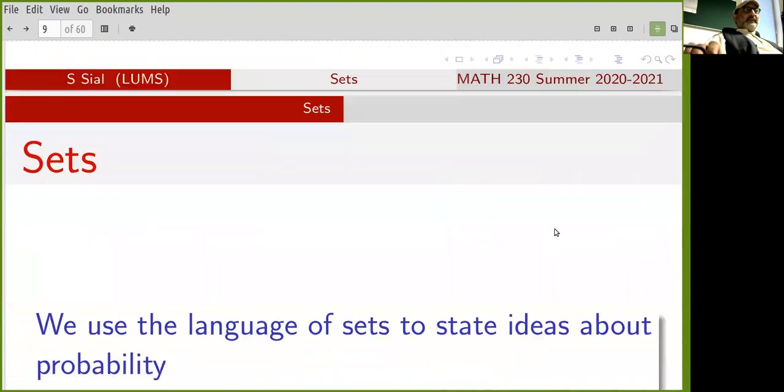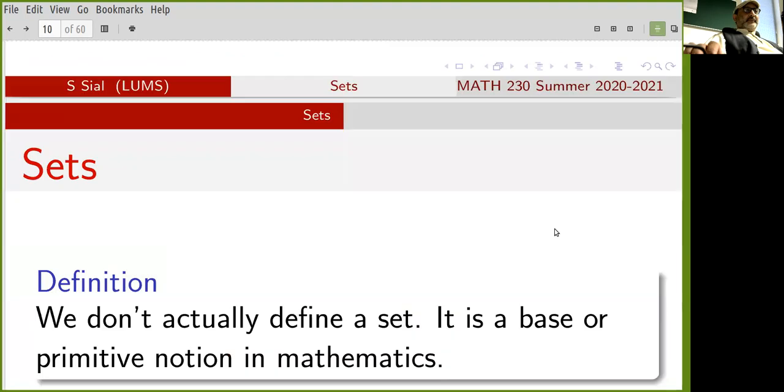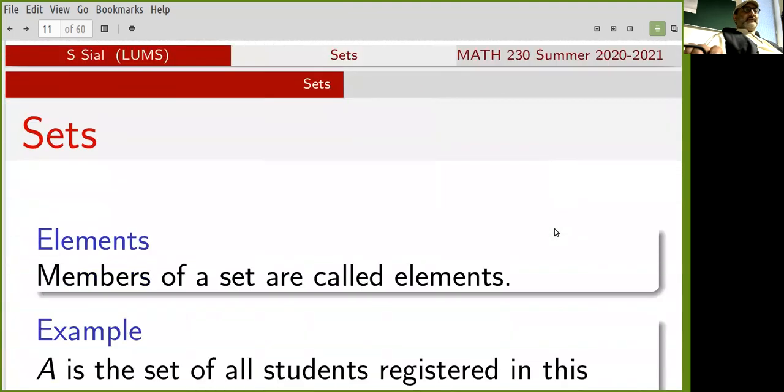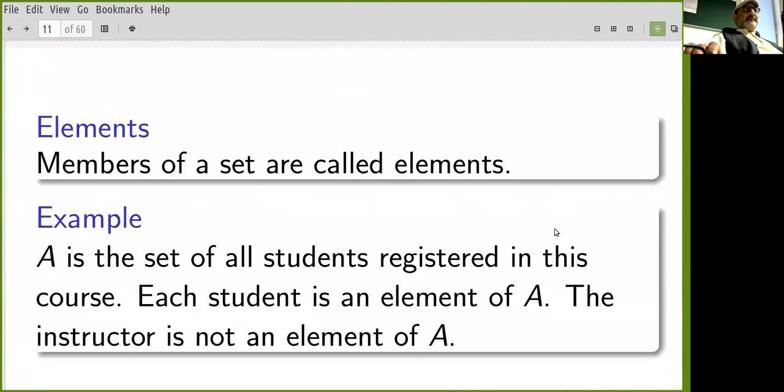Okay. So what's a set? Well, we don't define it. It's a basic notion. Informally, a set is a collection of objects, and the members of a set are called elements of that set. So, for example, A is the set of all students registered in this course.